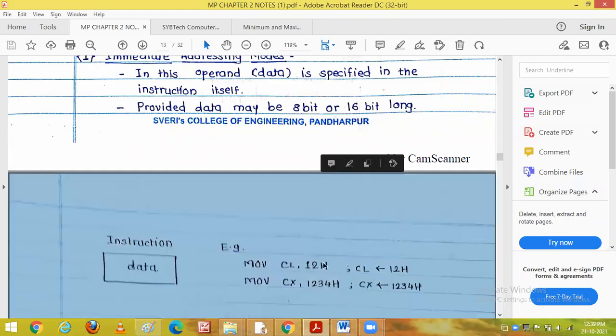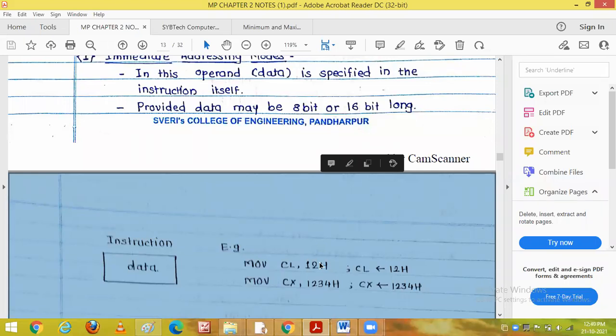In C programming also sometimes we have to use int A, B. A is one variable, B is another variable. Somewhere in the program you assign the values, A equal to 10, B equal to 20, or int A equal to 10, comma, B equal to 20.